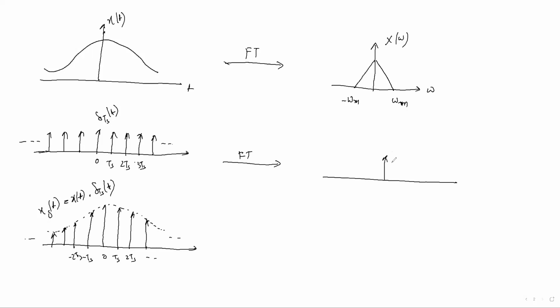The Fourier transform of the train of impulse signal is again a train of impulse signal, at zero, omega s, but it takes the amplitude twice pi by Ts, at minus omega s, minus twice omega s, and twice omega s, thrice omega s.